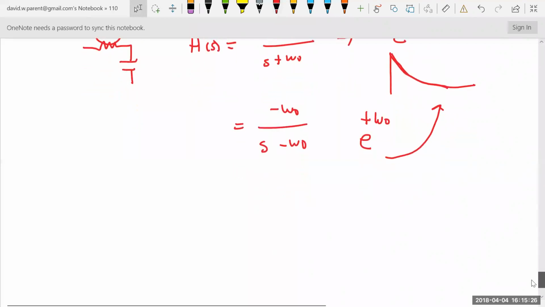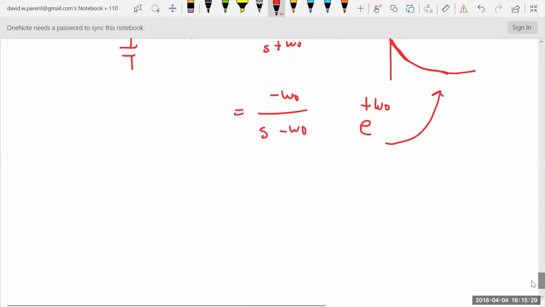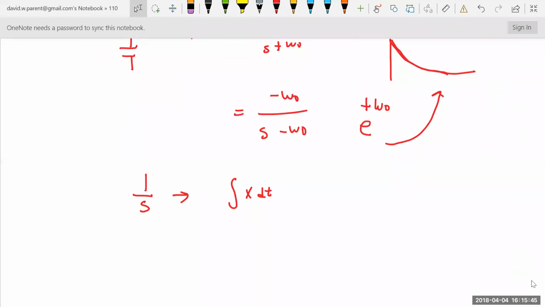All right. 1 over s is really, in the time domain, you're integrating something. And so if this is even a constant, it's going to keep integrating that forever. If it's a negative constant, it's going to integrate it negative forever. So the thing is this will go out of control. Oh, sure, I could turn the input off and on, but the input doesn't control the system.